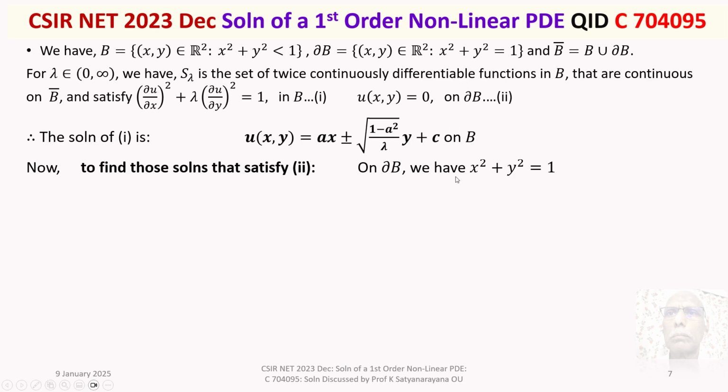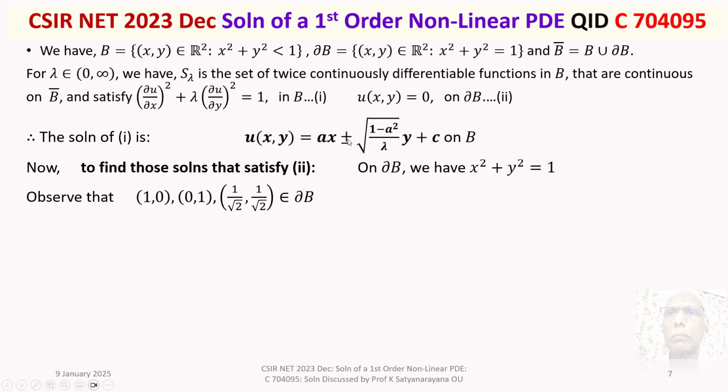On the boundary, we have x square plus y square is equal to 1. Observe that on this circle, (1, 0), (0, 1), and the ordered pair (1 by root 2, 1 by root 2) are on the boundary. It is on the circle. They belong to del B.